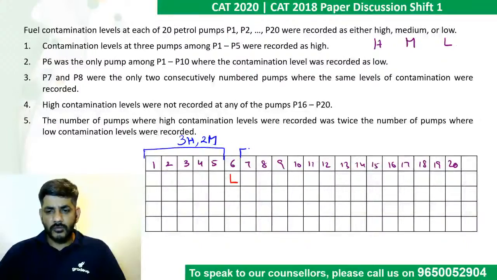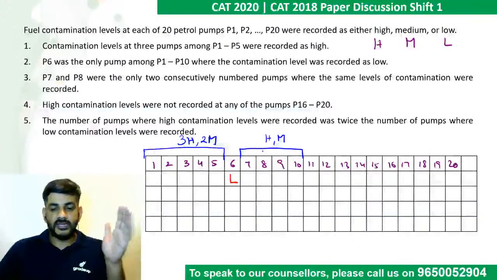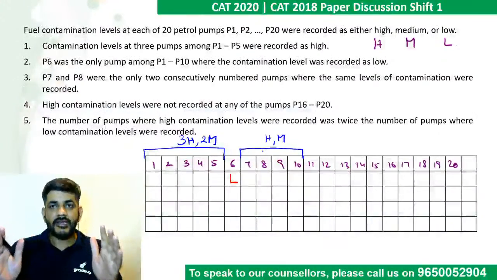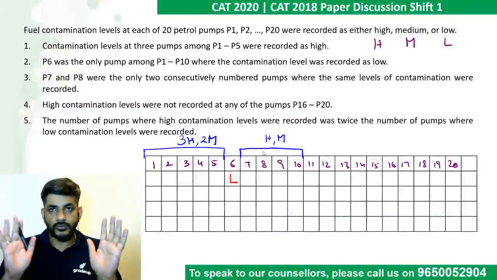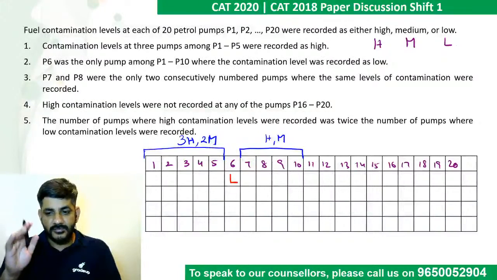And similarly, from 7 to 10, everything should be either H or M because L cannot be there. Question has already told you that in the first 10 pumps, you cannot write L anywhere else apart from pump number 6, which is given to us. I hope this is clear how in the first 5 you have this.